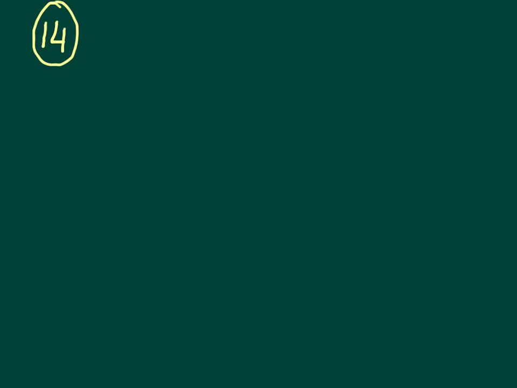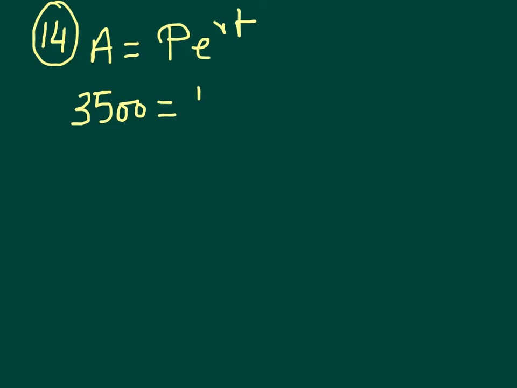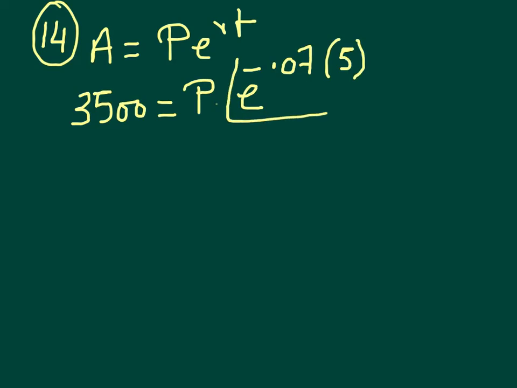Number 14. Number 14, I'm going to use Pe^(rt) again. If the present population is 3,500, we want to know what the population was 5 years ago, and this is a decline, so this will be negative 0.07 times 5 years. Your job is to solve for P, so I need you to figure out what that number is and divide both sides by it.